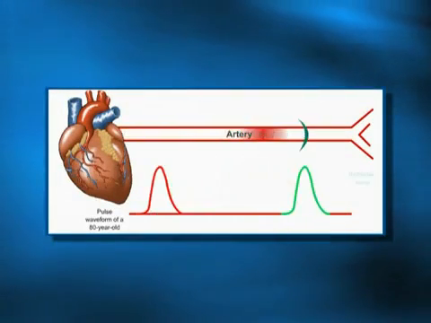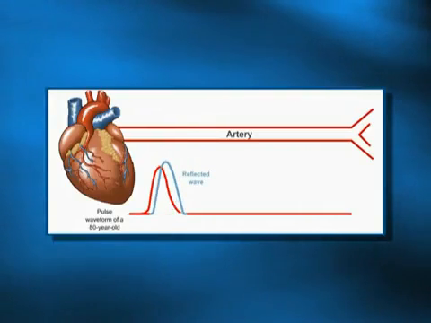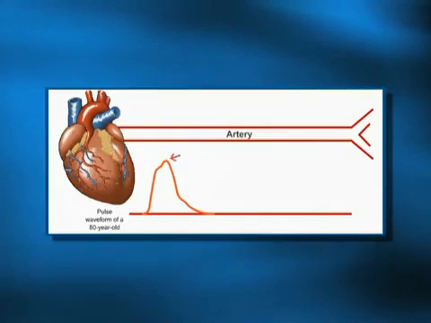Now if you look at an 80-year-old, you see a very stiff artery, and when the heart pumps, the wave travels so fast, it comes back right at you at the systole. So the wave goes up and then it is augmented, or increased, by the reflected wave, and you spend about 2/3 of the time overcoming the wave, and 1/3 of the time resting and getting the blood.